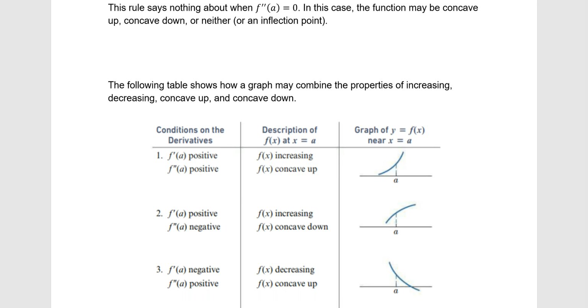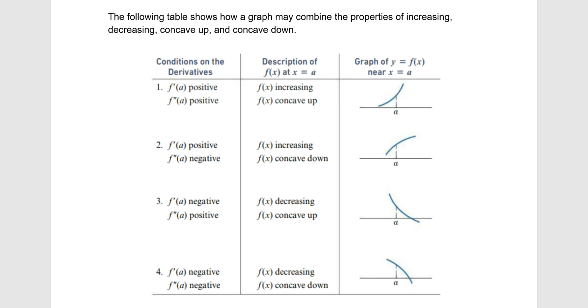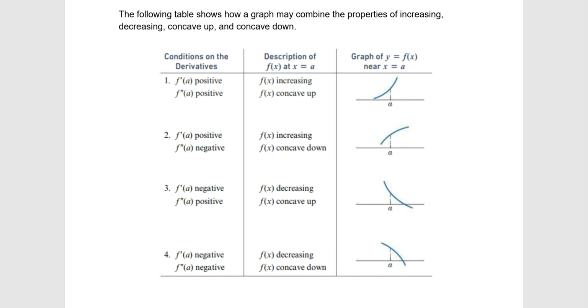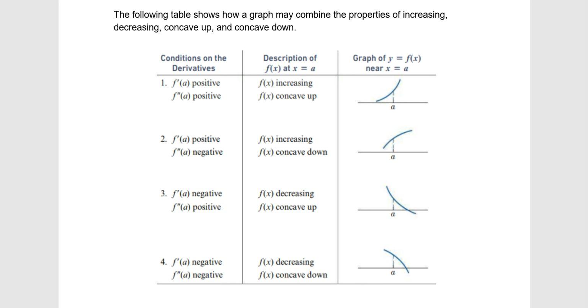Here's a little table that shows the combinations of these properties with increasing, decreasing, concave up, and concave down. So there's 4 different cases. For the first one, if the derivative is positive at the point and the second derivative is positive, that means f is increasing and f is concave up, and that would be this graph over here.